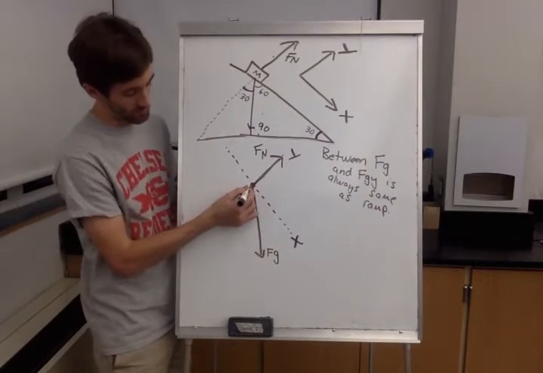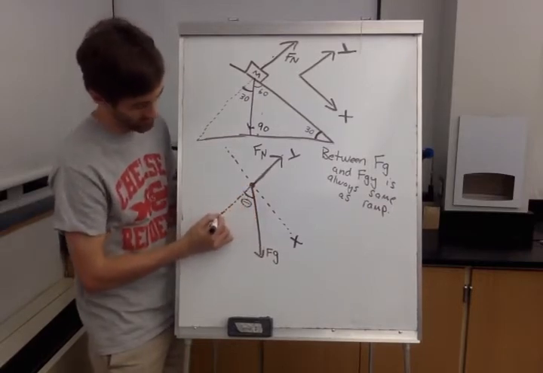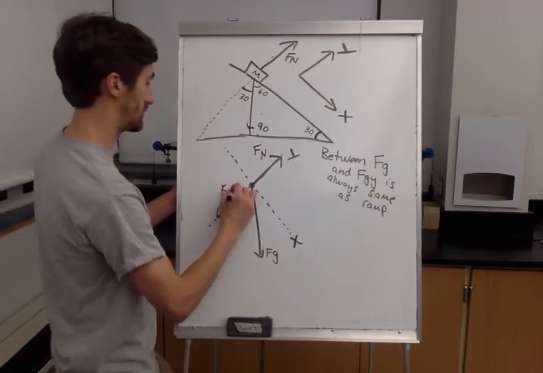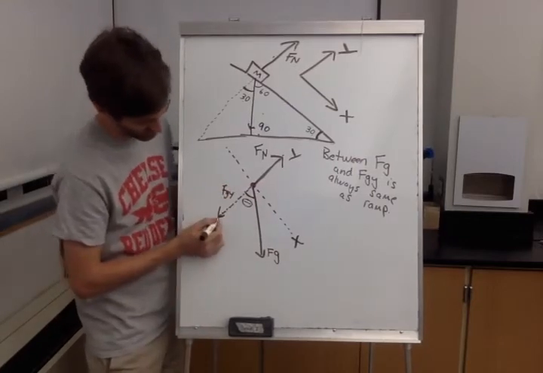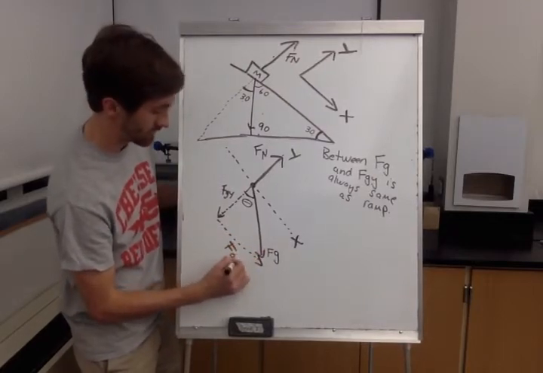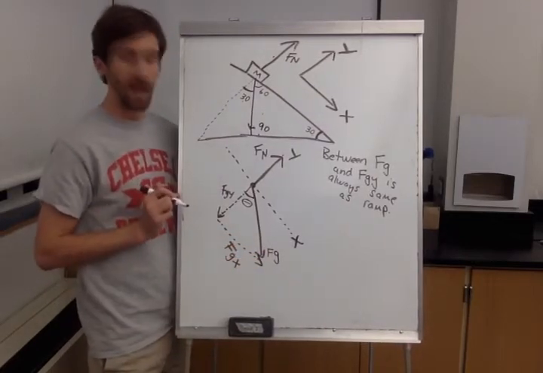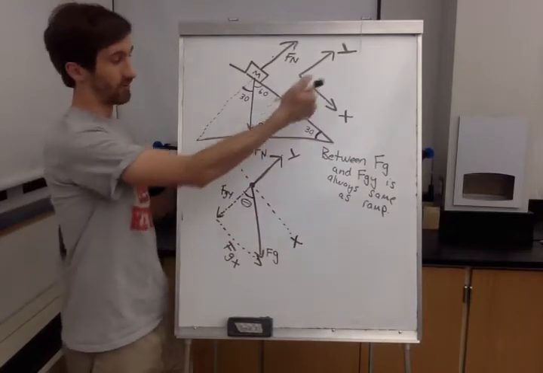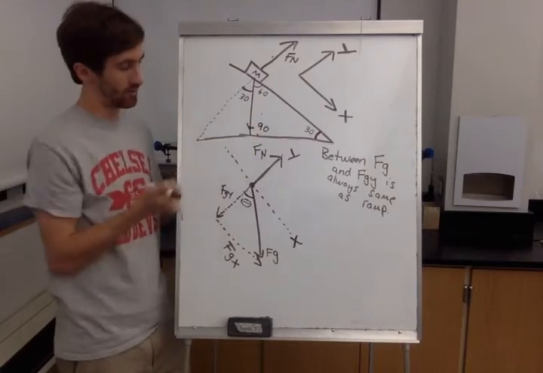So now what I can do is break this into FGY and FGX. And the FGY is the part of gravity that kind of pulls it into the ramp.